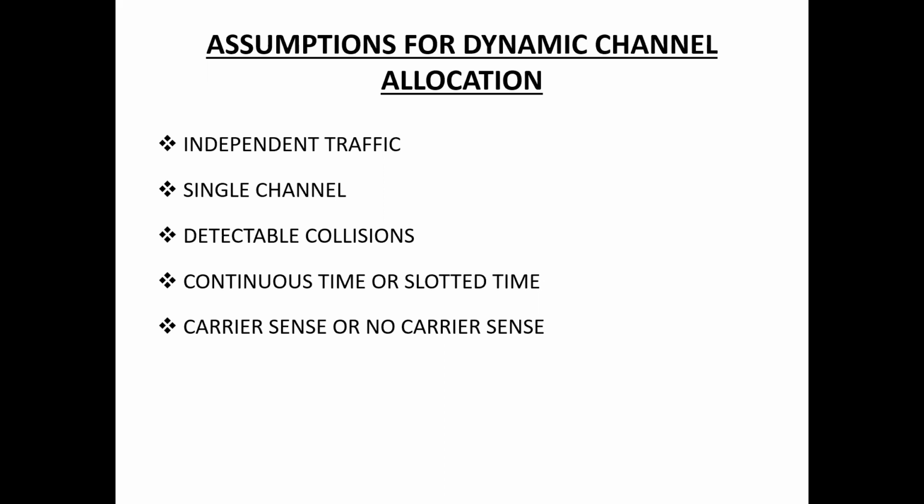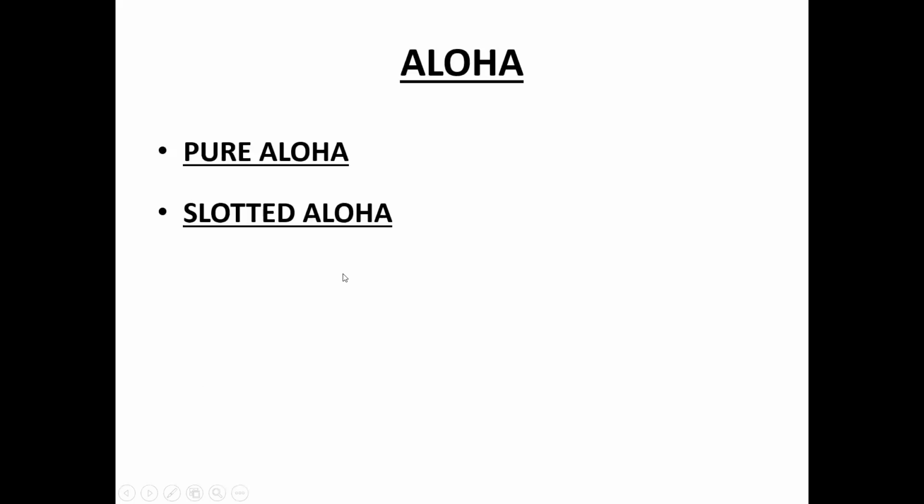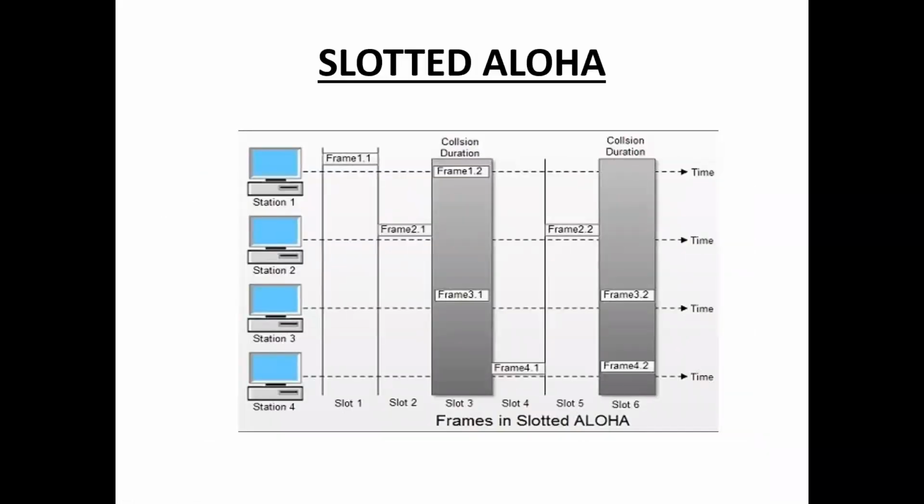Suppose here frame 1.2 and frame 3.1. Station 1 sends a frame 1.2 in slot 3 and station 3 sends a frame 3.1 in slot 3. So the collision is said to occur.